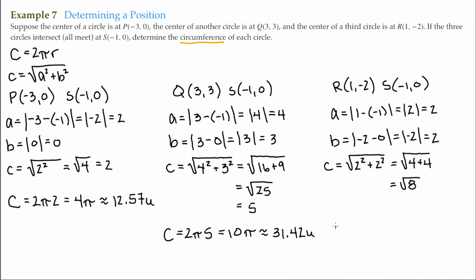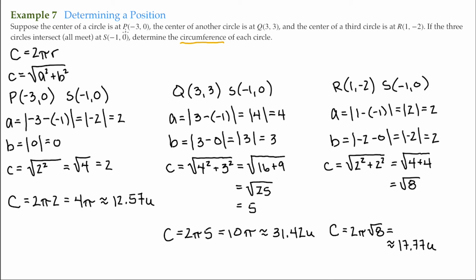So our circumference is going to be 2 pi r, and r is the square root of 8. So you could plug that all in your calculator. You could take 2 times the square root of 8 times pi, and that all comes out to be approximately 17.77 units.